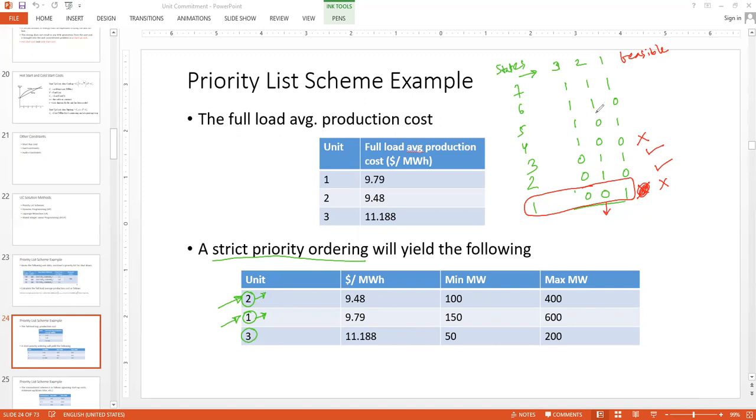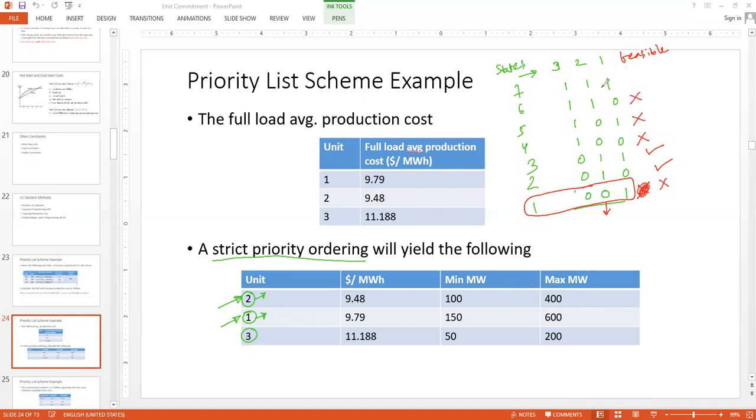State number 5, the topmost priority unit is off, so others cannot be turned on. So that is not feasible. In state number 6, I cannot turn on unit number 3 unless I am turning on both 2 and 1. Here 1 is off, so I cannot turn on unit number 3. So this is not feasible.